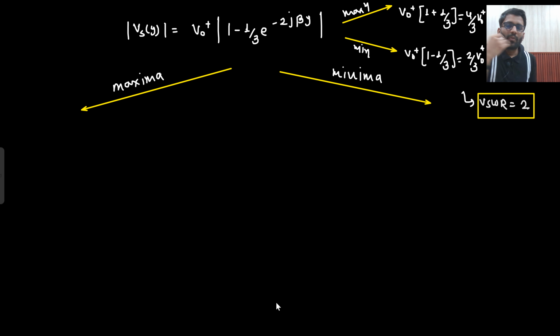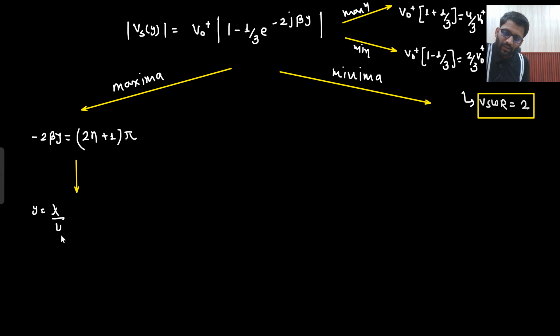By the way, we can develop a formula as well. What I mean to say is that first let's find the location of maxima and minima. So minus 2 beta y should be equal to pi, right? Why should it be equal to pi? Because at pi this would be minus 1, so that's why you will get maxima there. So what is the value of y you are getting? y is lambda by 4, 3 lambda by 4, 5 lambda by 4, and so on.